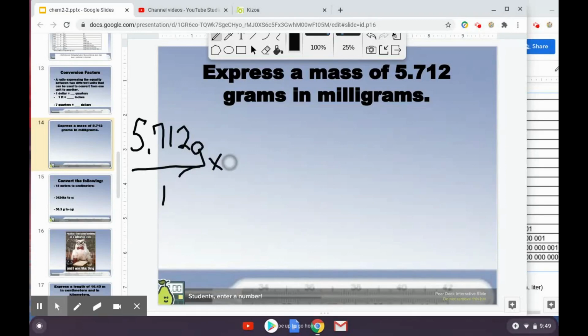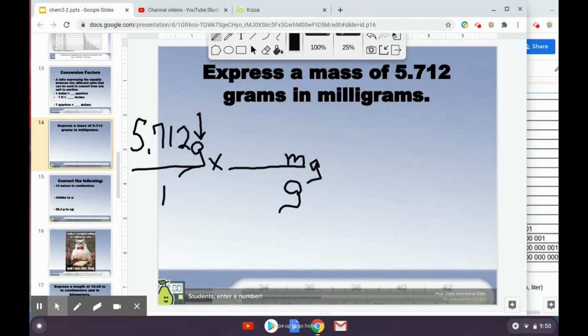But then we're going to draw another line like we're setting up another fraction. So whatever unit that you're starting off with is going to go on bottom in the next step. So we started with grams, so we'll put grams on the next step. And what we're going to, milligrams, is going to go on the top.